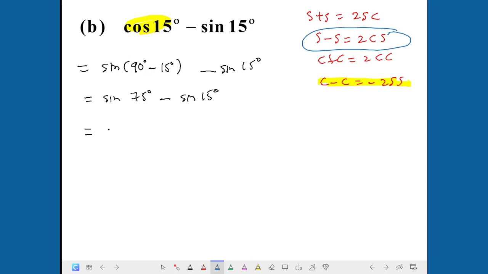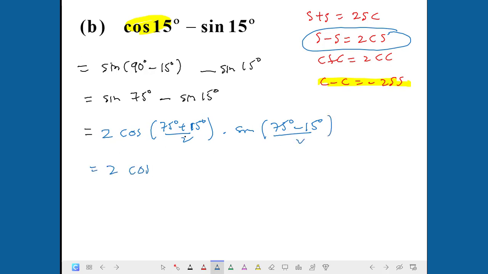Sine minus sine is equal to 2 cos of (75 plus 15) over 2 times sine of (75 minus 15 degrees) over 2. Simplify: cos 90 over 2 is 45, sine 60 over 2 is 30.